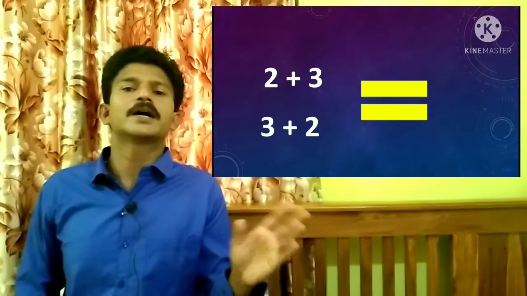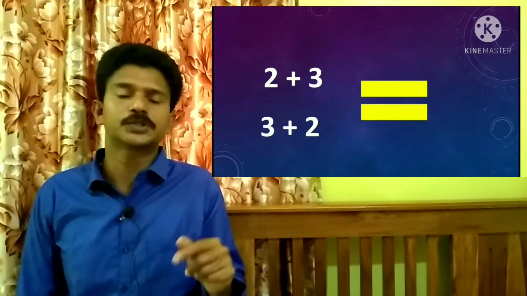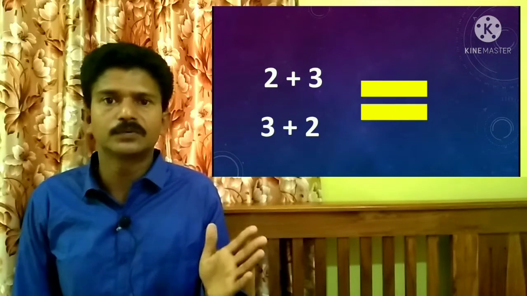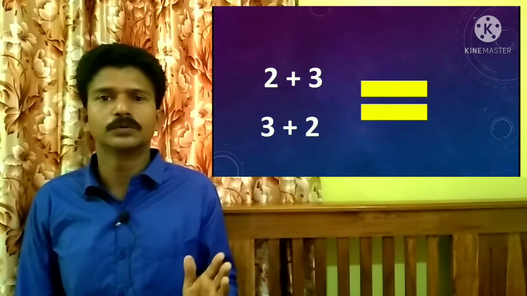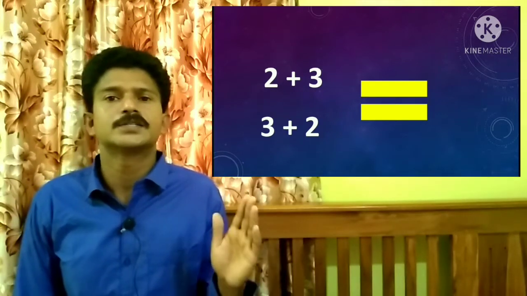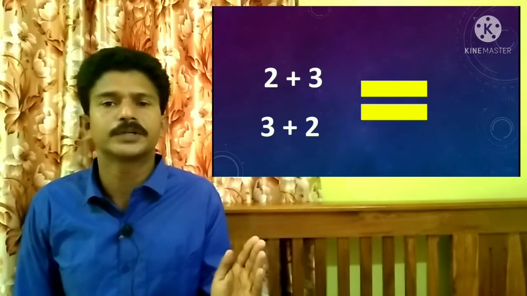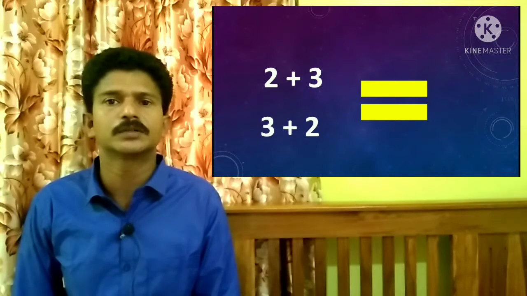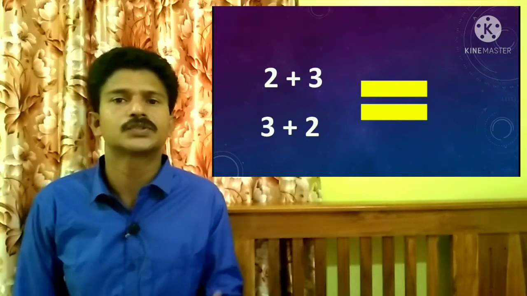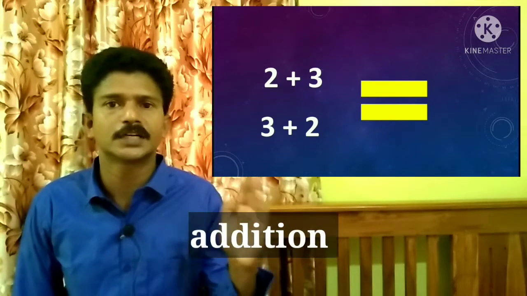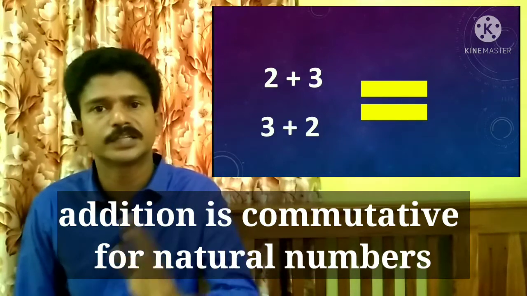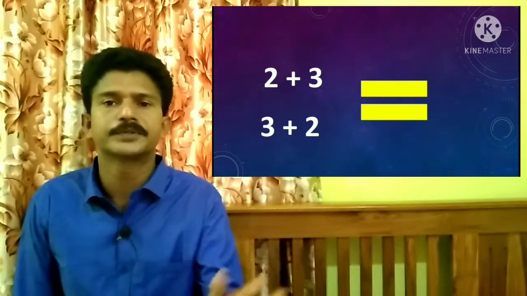When you get the same answer after changing the position of the numbers, we say that the operation is commutative. Here we used natural numbers, so addition of natural numbers is commutative. Changing the numbers' position, we call it the commutative property.